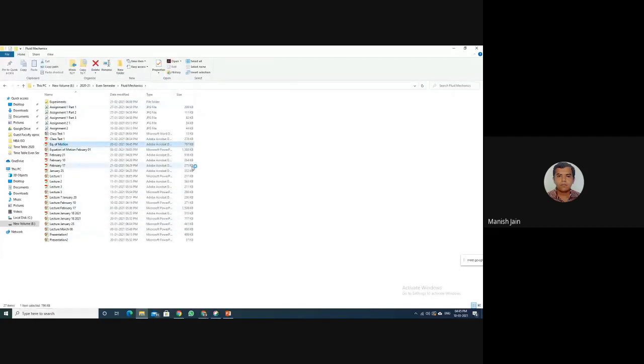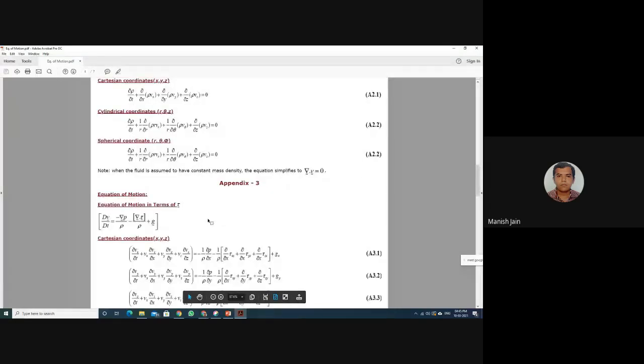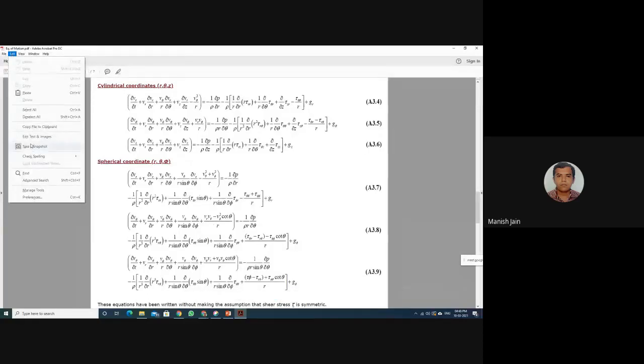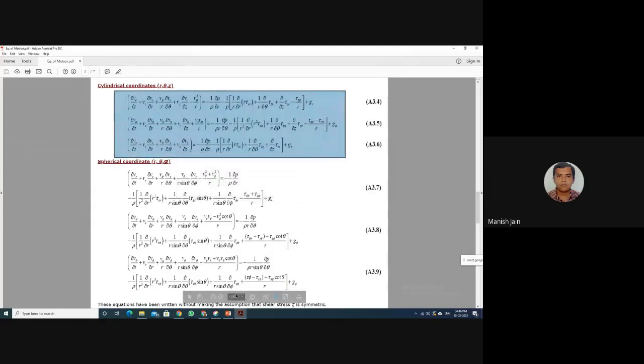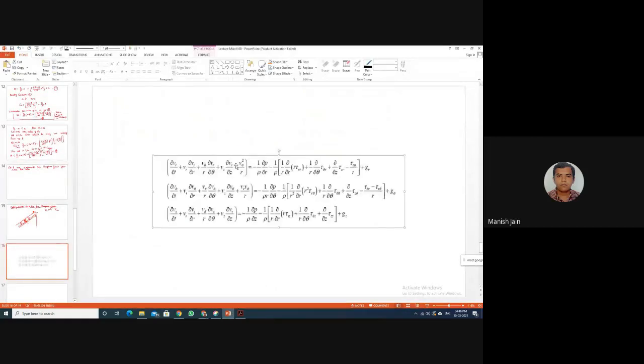So this is the equation of motion for Cartesian coordinate system. You have to just take the table and calculate the non-zero components of the equation of motion. Okay, so in next page we have substituted the equation of motion.